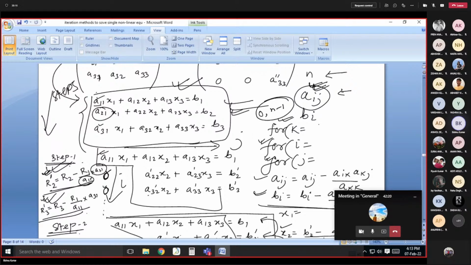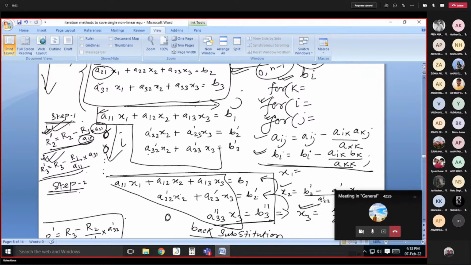You just tell me, for 3 by 3 equations, or 3 variables, 3 unknowns, how many steps you need? 2 steps. Suppose n equations, n unknowns, how many steps will you need there? n minus 1. So for that purpose, 0 to k less than n minus 1. So 0 to n minus 2 means n minus 1 steps, k plus plus.